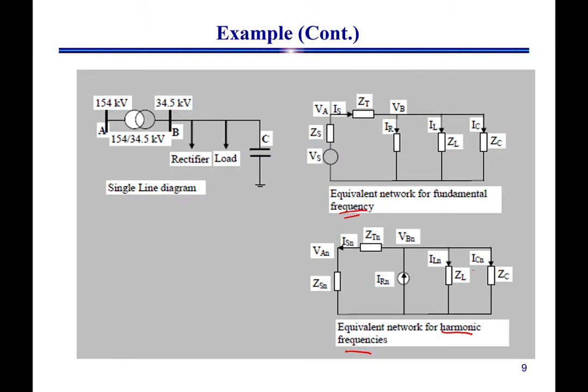So we have ZC, we have Z load, we have the harmonic source, then we have the impedance of the transformer and the impedance of the source. This current is IC, this one is I load, and this one will be I source.